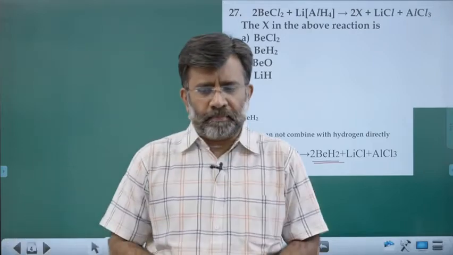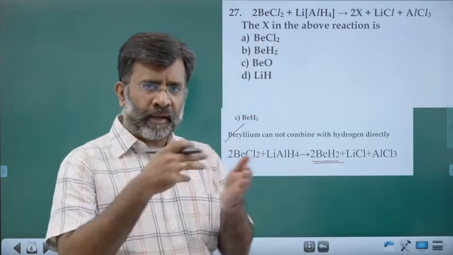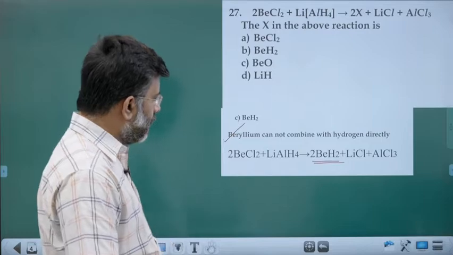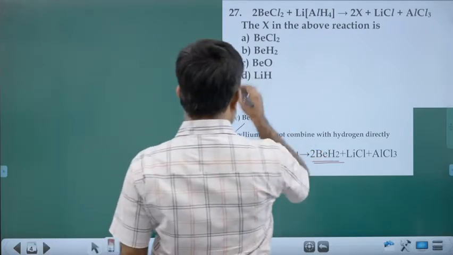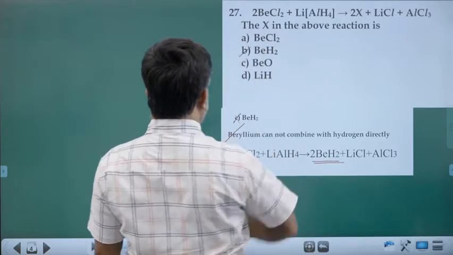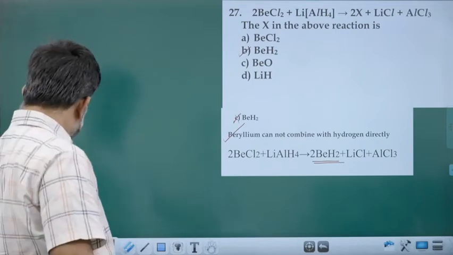You can't prepare beryllium hydride directly. It can be prepared by such a method. Beryllium chloride with lithium aluminum hydride, you are getting BeH2. Answer is option B, beryllium hydride. Next.